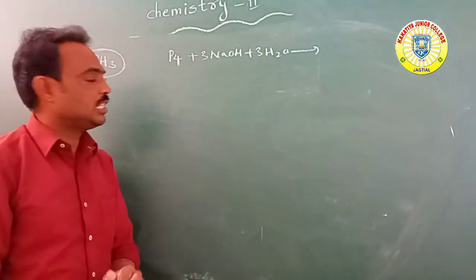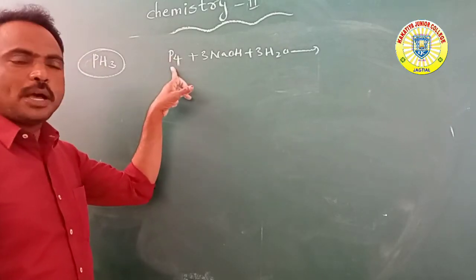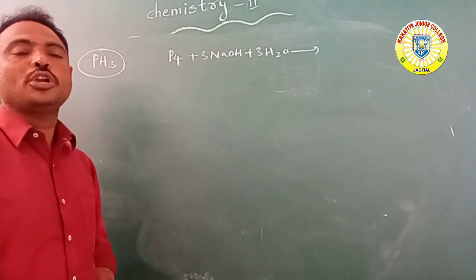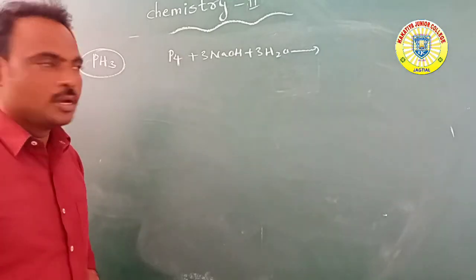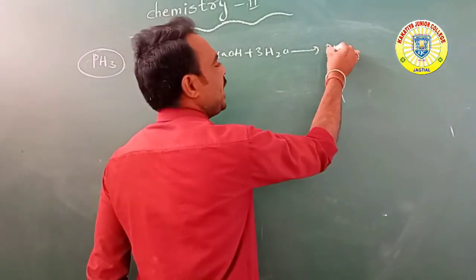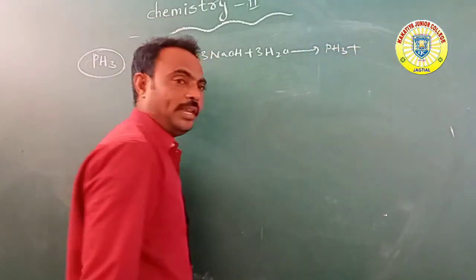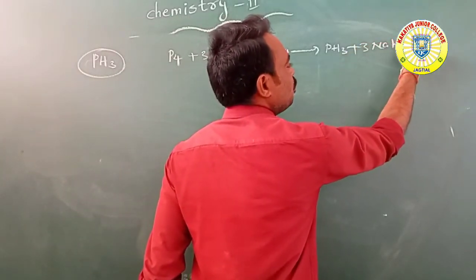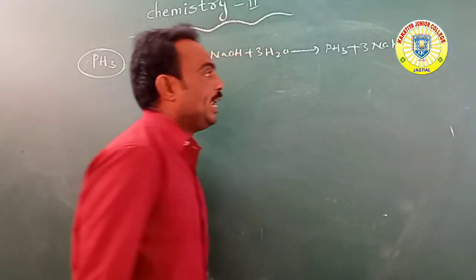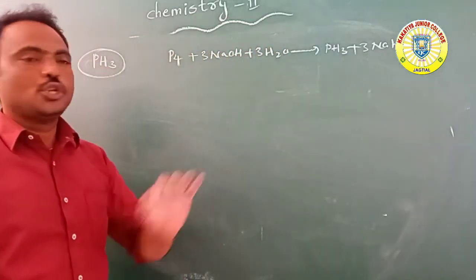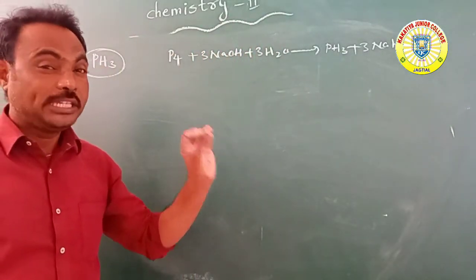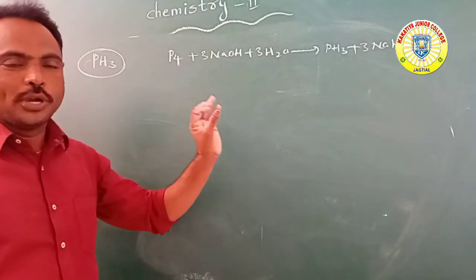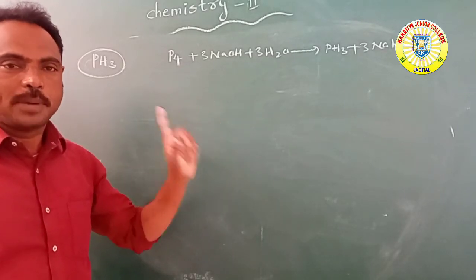Already we know this equation. White phosphorus is dissolved in sodium hydroxide solution to form, in this reaction, PH3, phosphine, and NaH2PO2. NaH2PO2 means sodium hypophosphite.